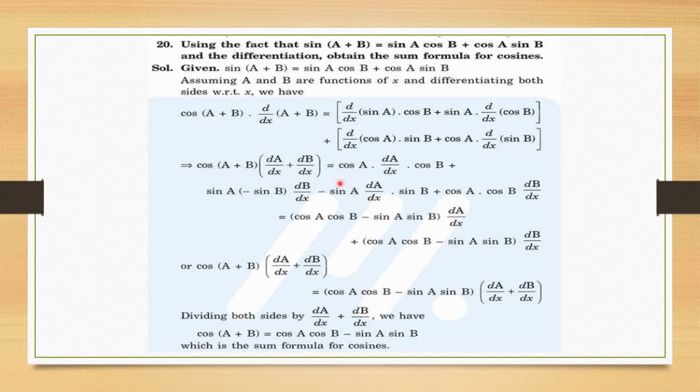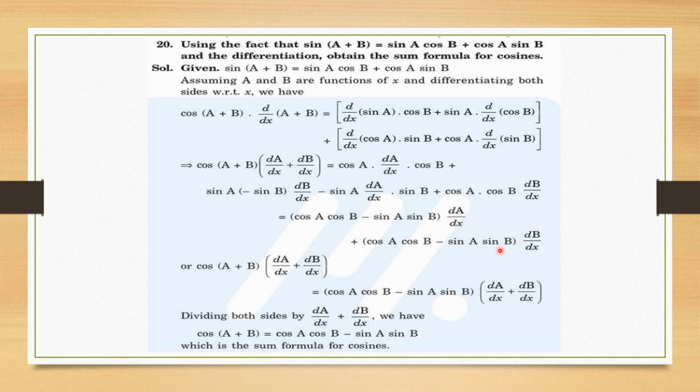So this will be cos a, dA by dx into cos b, plus sine a, and then you take the derivative of cos b as minus sine b dB by dx, minus sine a dA by dx into sine b, plus cos a, and this is cos b dB by dx. So what I will do next is separate the terms of dA by dx and dB by dx.